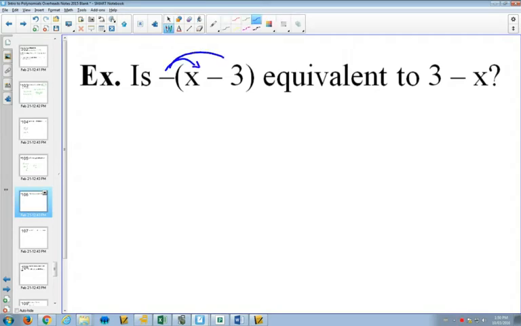This part? Yeah. So when you're subtracting something, that goes to both. So that'll be minus x plus 3. And it doesn't matter the order. Is 5 plus 2 the same as 2 plus 5? Yeah. So if I write this with the 3 first, they are the same.